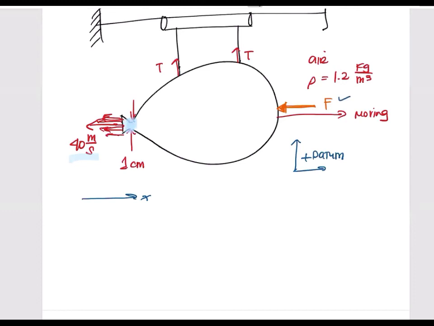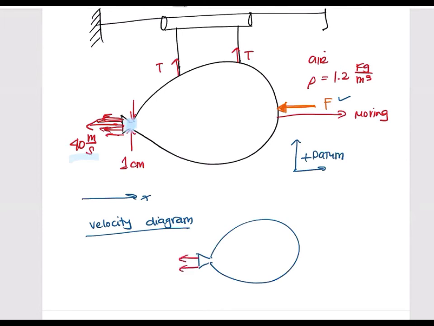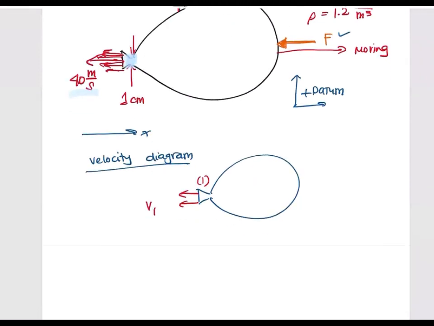Okay, so the first thing we're going to do is draw our velocity diagram. Again, it doesn't matter which one you start with. So you have your balloon, you have an exit here, and let's call this 1. It doesn't really matter what you call it. And this is going to be V1, and again, we draw our datum.